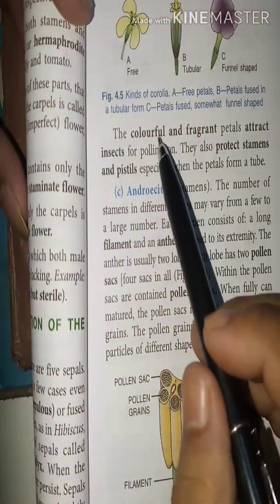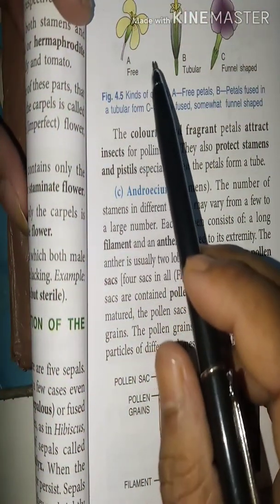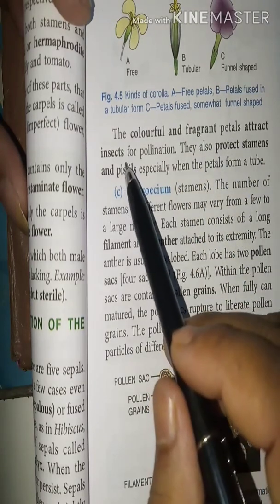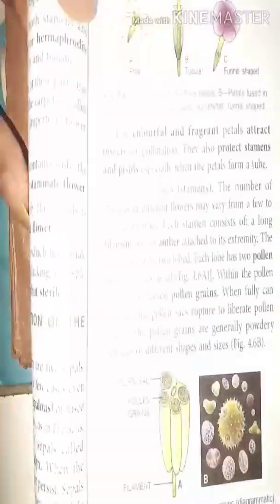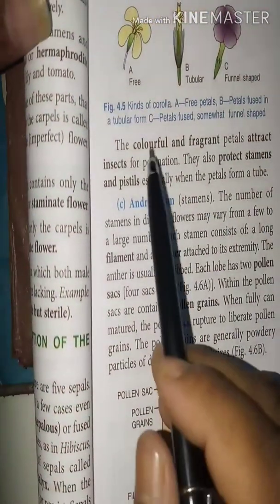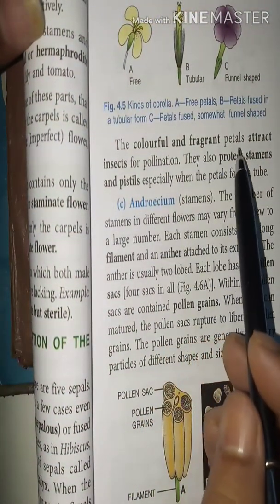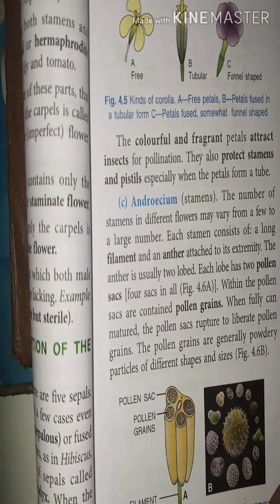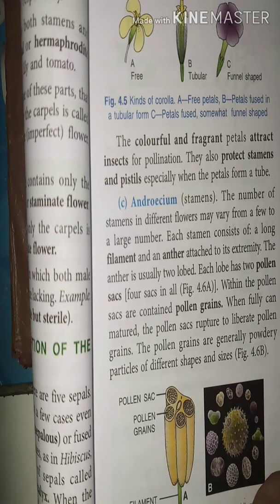Now see the function of petals. Colorful and fragrant petals attract insects for pollination. That's why petals in flowers are either colorful or contain certain fragrance, only to attract insects.